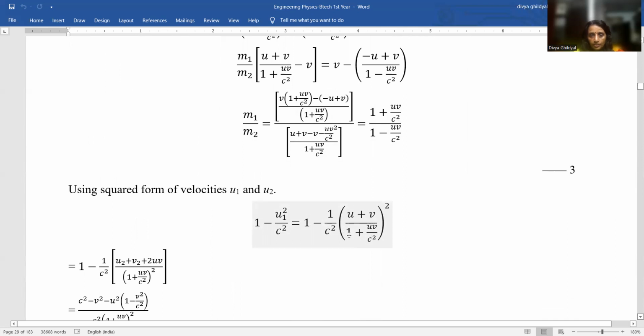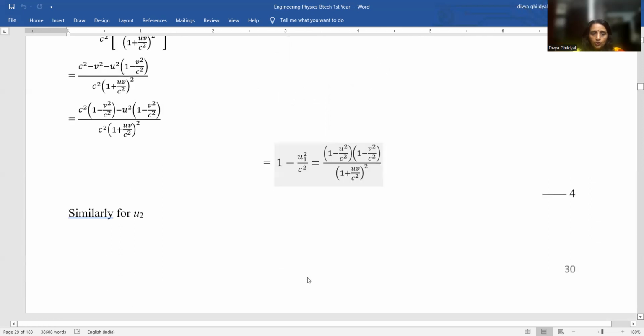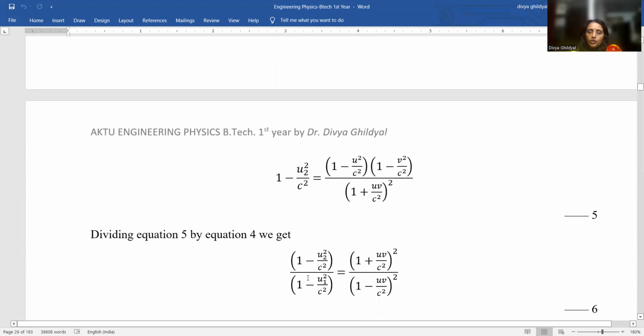Solving this expression further, we get 1 minus u1 square by c square is equal to (1 minus u square by c square) into (1 minus v square by c square) divided by (1 plus uv by c square) whole square. Similarly, for u2, we get the same expression.